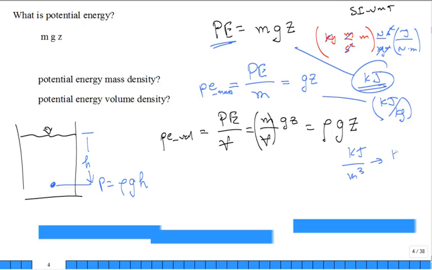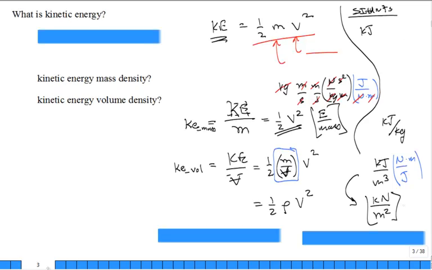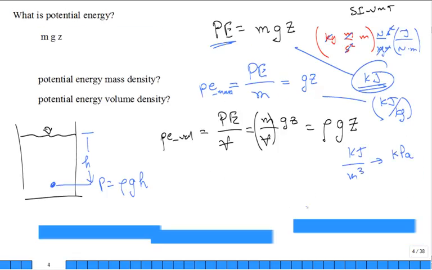It'll be something like a kilopascal, right? Let's go back. What is a kilonewton per meter squared? I forgot to say it, didn't I? Sorry, kilopascal. It's a pressure. So you're thinking, we can describe the potential energy per unit volume, and it'll have the same units as pressure. It'll be energy per unit volume.